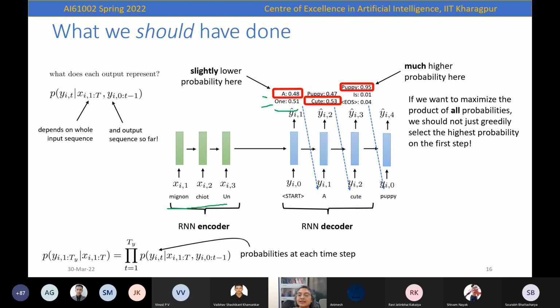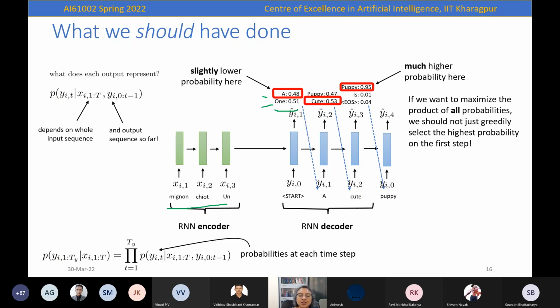At the next state, we have two outputs, puppy and cute. Puppy has 0.47, cute has 0.53. And in the third state, the outputs are puppy, is, etc. So there are multiple outputs that you consider at this state, and from these you are going to choose one word at each stage so that the overall probability is maximum.